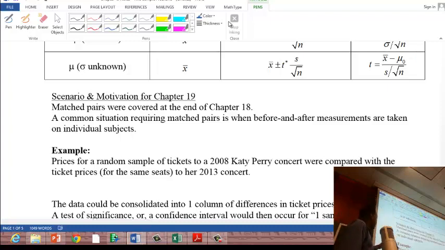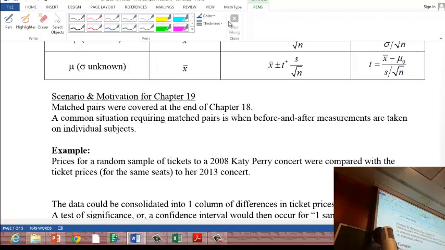Roar, right? So anyway, if you take a random sample of people who went to concerts in 2008 and then compare it to the prices in 2013, you might think that her ticket prices will go up because her fame has gone up big time in the last 5 years.